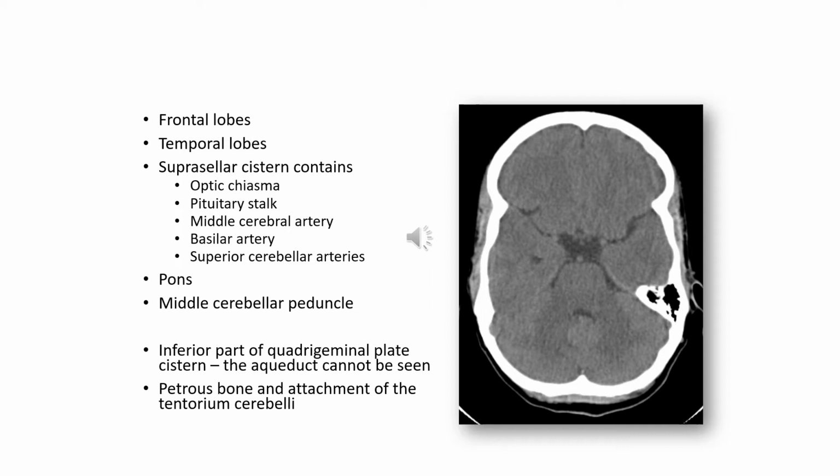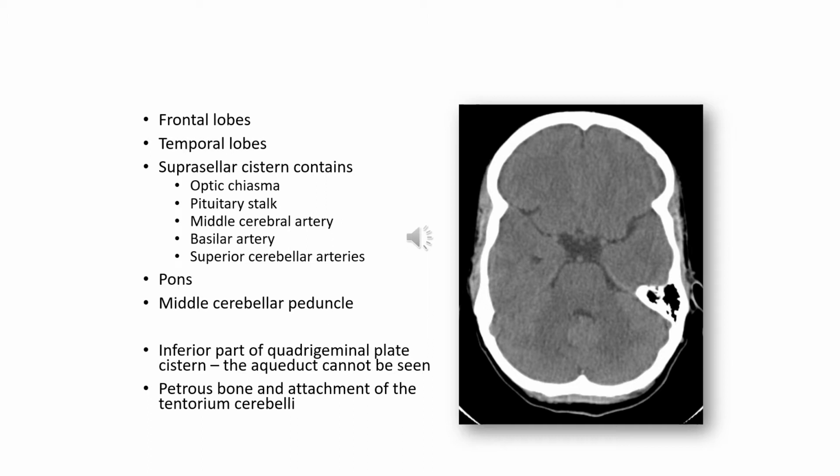We see the right and left middle cerebral arteries, the major division of the anterior cerebral artery. Posteriorly, within the suprasellar cistern, we see the basilar artery.